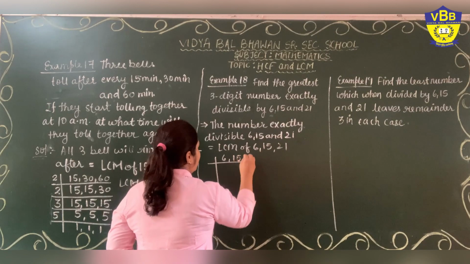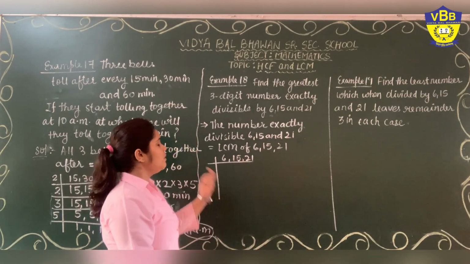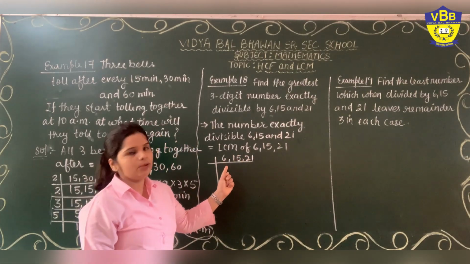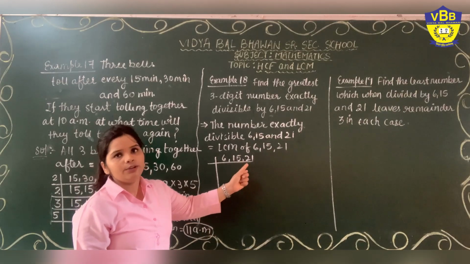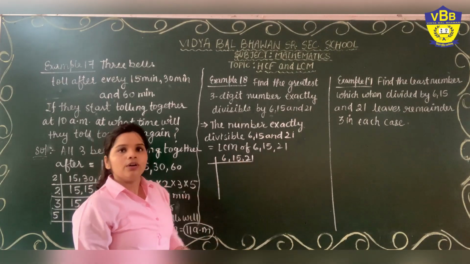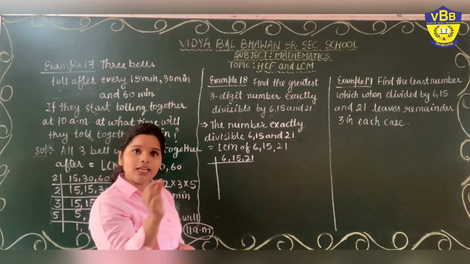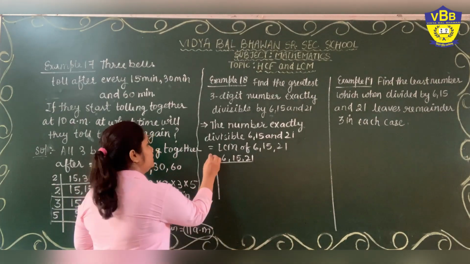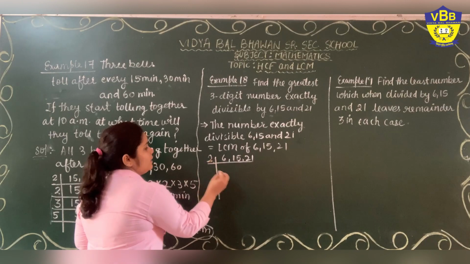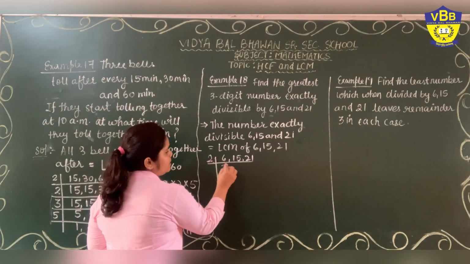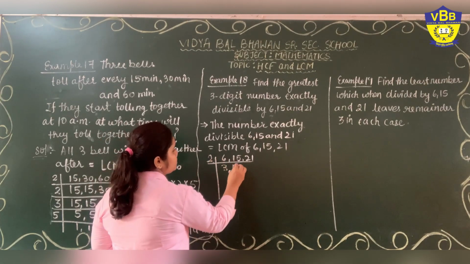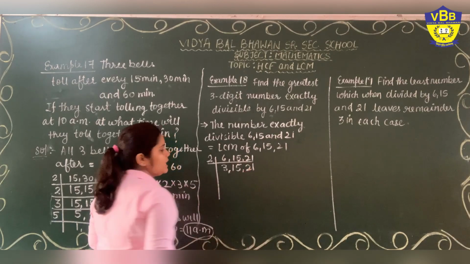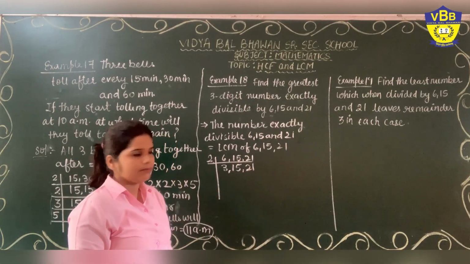6, 15 and 21. Look at this. 6 is divisible by 2, 15 is not and 21 is not. If there is a single number present which is divisible by the number, we will do that. So 2 is here, 6 is divisible by 2, 3 times, then 15 as it is, 21 as it is, because they are not divisible.